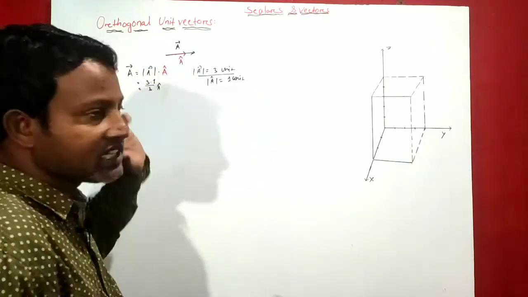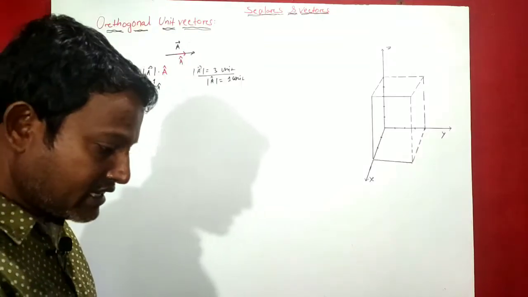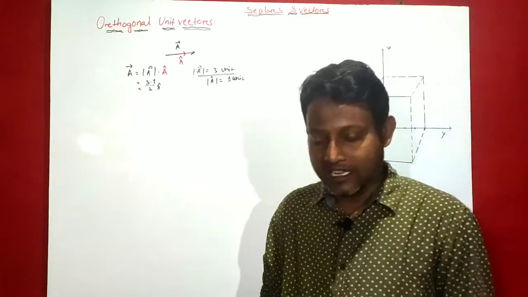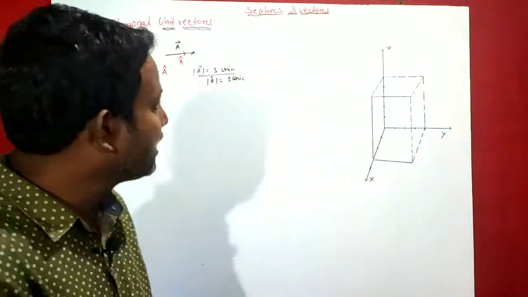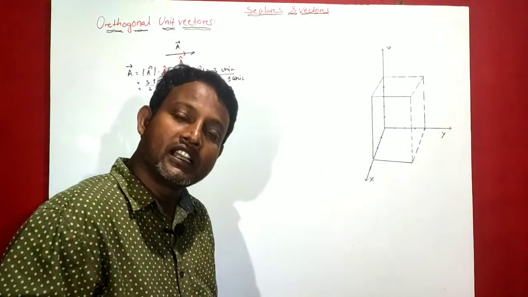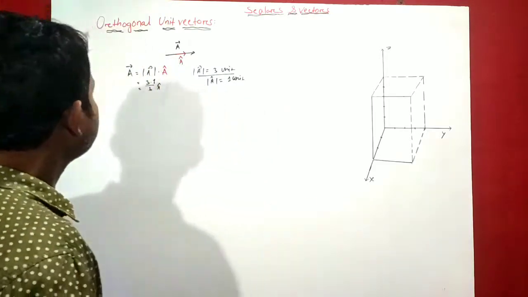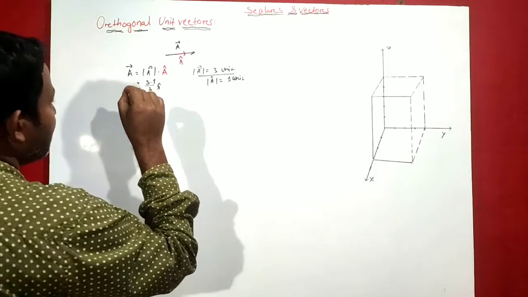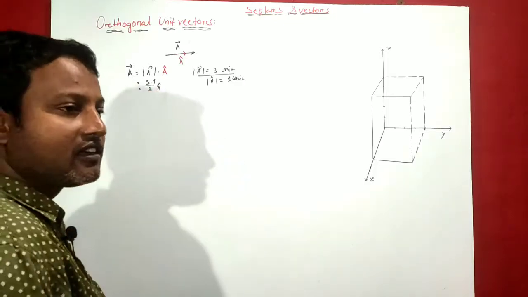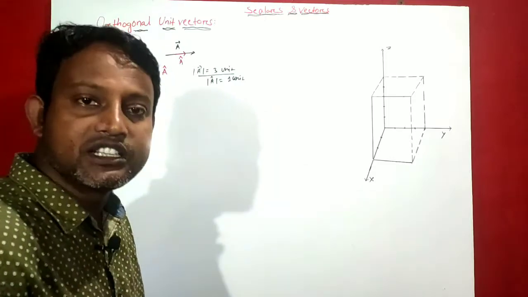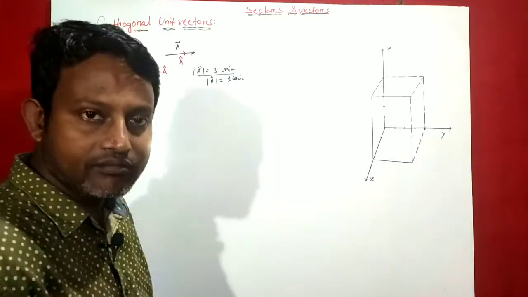It has come into existence with an idea to give the direction to a vector. That means the existence of A cap is only to give the direction to the vector A.